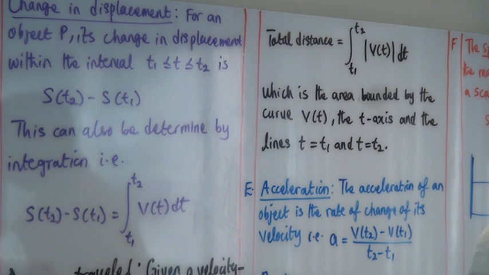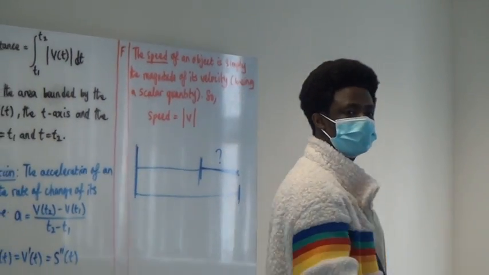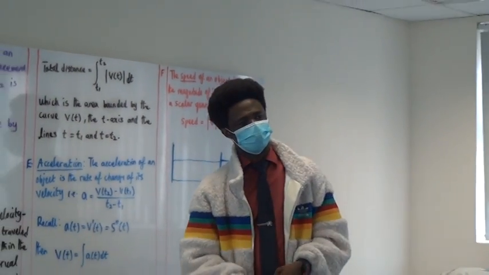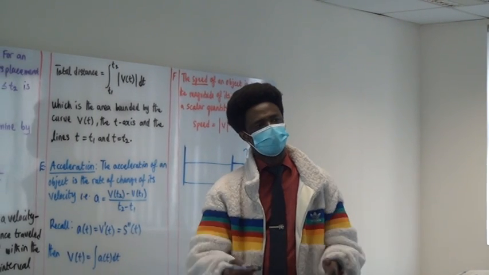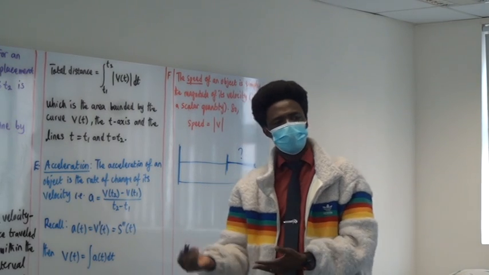I could have negative, depends on the direction now. If I was here and I push back, or I was here and I push forward, now my direction comes in. Your velocity is not speed.